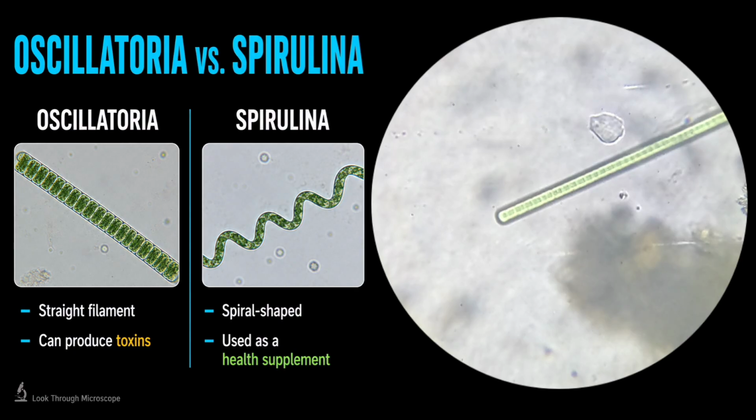Both belong to the same broad cyanobacteria family and both are filamentous, but where Spirulina coils into a tight spiral and is generally considered safe to consume, Oscillatoria stays as a straight, gliding thread, and unlike Spirulina, certain Oscillatoria species can actually produce toxins rather than nutrients. Both under the same family, very different reputations. That's the diversity hidden inside one bacterial group.